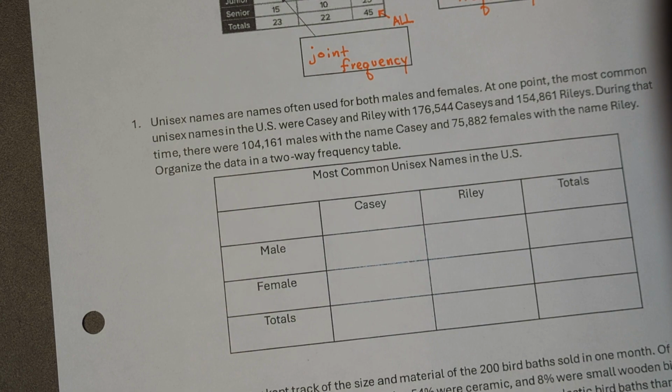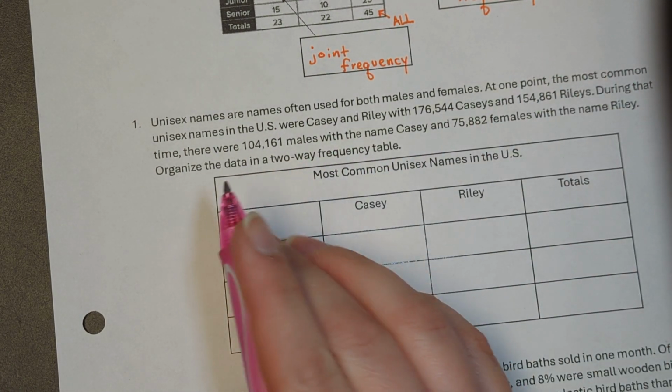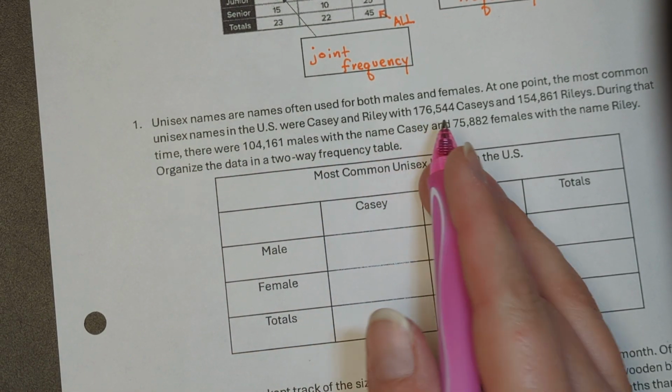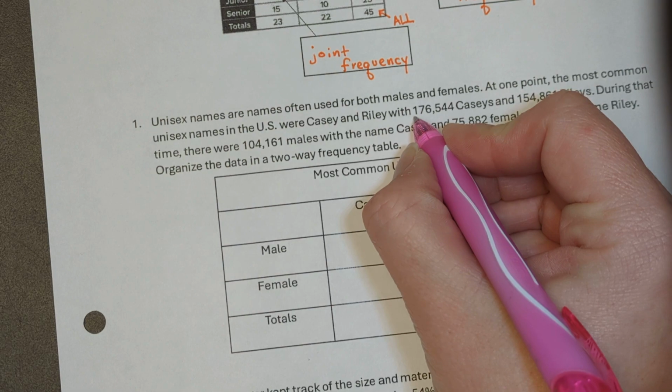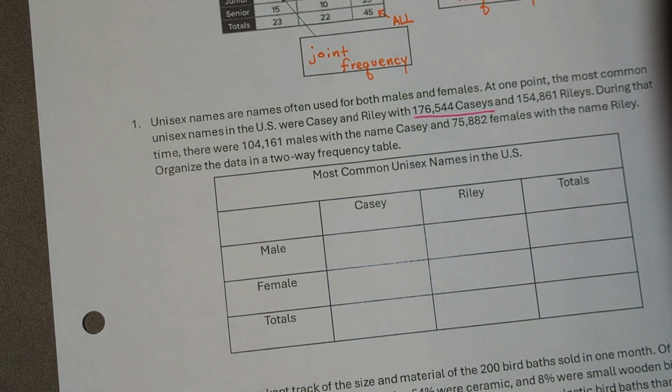Okay. So again, for the different names, it says first of all that the names in the U.S. were Casey and Riley, with how many Caseys? So that's the total for what? Total for Caseys. So where should you put that? On totals under Caseys.